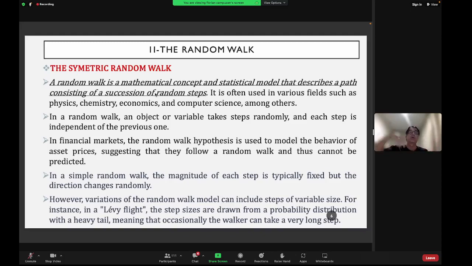Okay, we will talk about non-symmetric random walk, and everywhere we are faced with non-symmetric random walk, but it's the first step toward the famous Black-Scholes model. In the financial markets, we use the random walk hypothesis to assess the behavior of asset prices, because asset prices and stock prices suggest that they follow some kind of random walk.